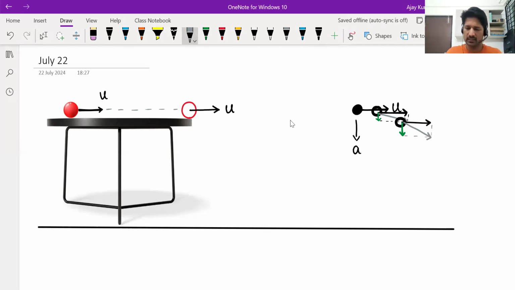So as time passes, the y component of velocity goes on increasing, and its overall velocity vector keeps tilting towards the downward direction like this. And ultimately it strikes the ground somewhere ahead. Okay. So this case is what we are going to discuss today.